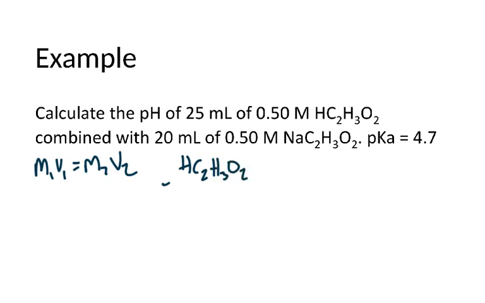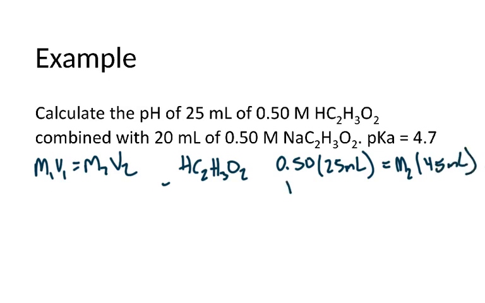So for our HC2H3O2, our initial molarity is 0.50 times 25 milliliters is equal to M2 times 20 plus 25, which is 45 milliliters. So our molarity of our acid is 0.278 molar.